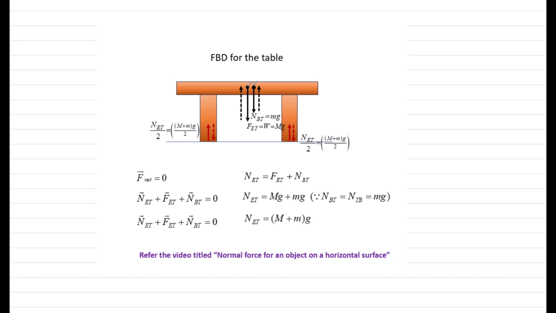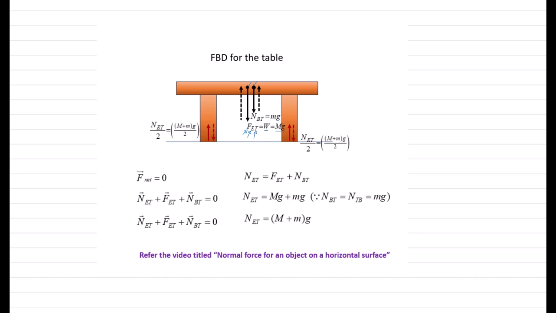So let's see all the forces which are acting on the table in the downward direction. The first force will be the force by Earth on the table. That is nothing but the weight of the object, and the weight of the object is given by capital M times g. That is acting at the center of mass, pointing vertically down, towards the center of Earth.